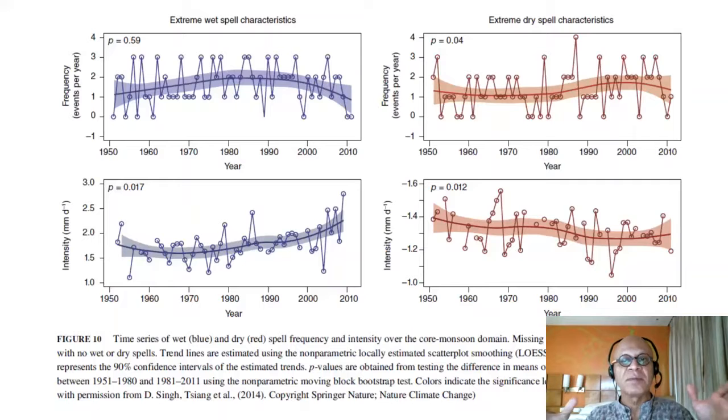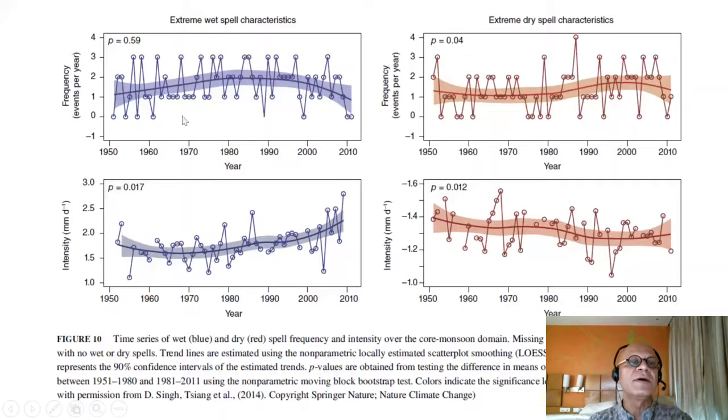That would make predictions and projections easier as well. Otherwise we'd be in trouble in terms of trying to predict onset, withdrawal separately, length of the rainy season, distribution in time and space of the rain, active break periods, and so on could get very complicated if they're all being driven separately by different dynamics.